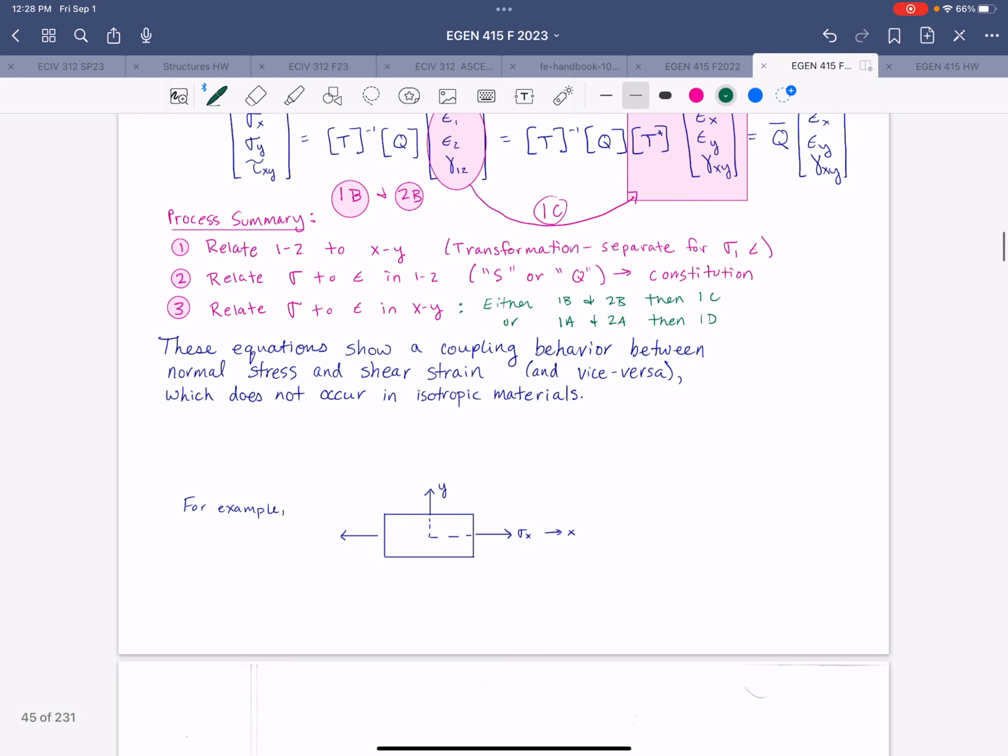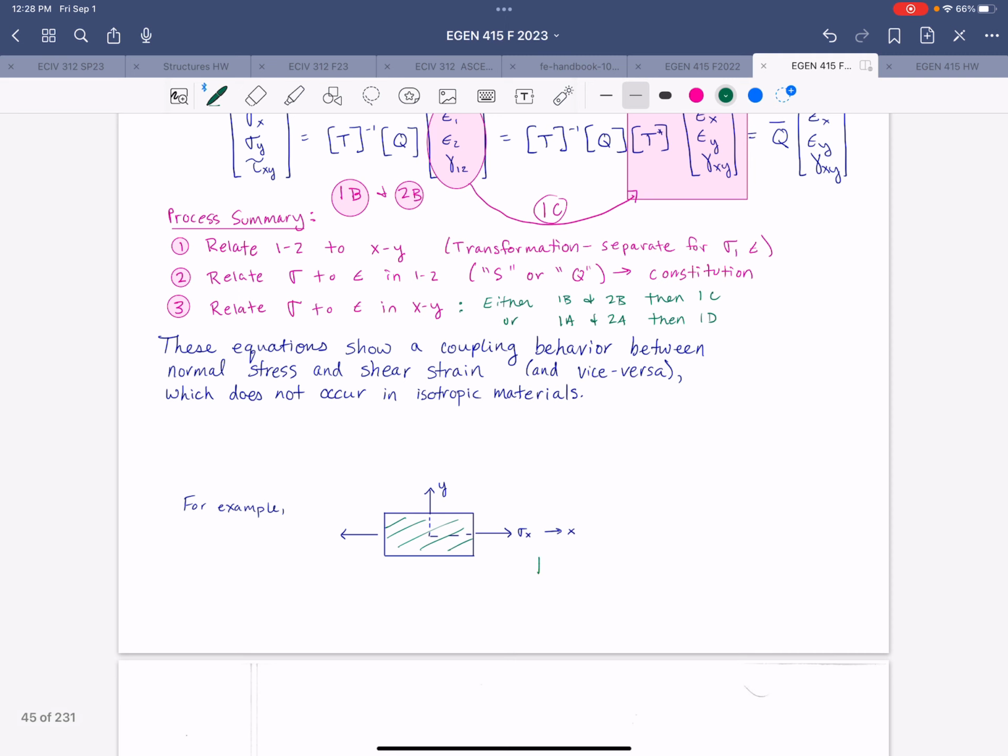So for example, if we had this piece of material, let's say that the material axes are oriented something like that, so not aligned with X and Y. If we wanted to express the normal stress in X, if that's the only stress that's applied, it would be Q bar 1,1 times normal strain in X plus Q bar 1,2 times normal strain in Y plus Q bar 1,6 times gamma XY.